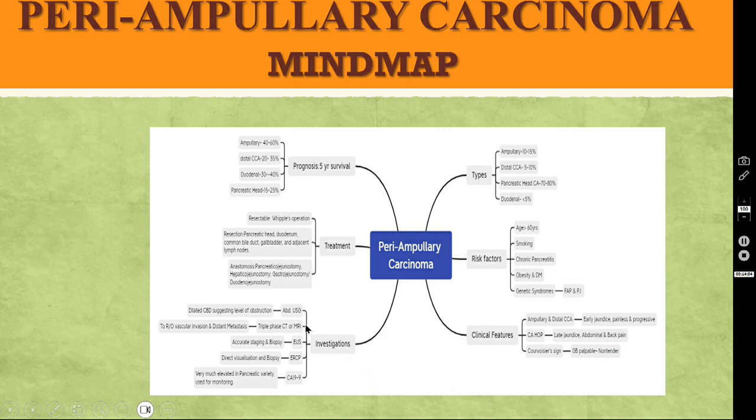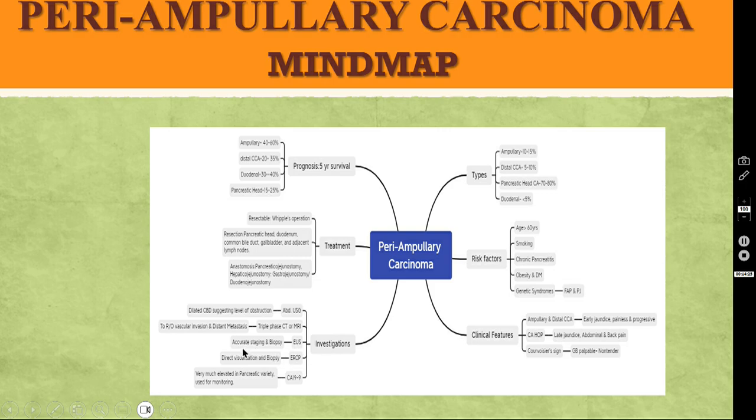Investigation: abdominal ultrasound will show dilated CBD, suggesting the level of the obstruction. Triple phase CT or MRI you have to do to rule out any vascular invasion, the nodal status, or distant metastasis.